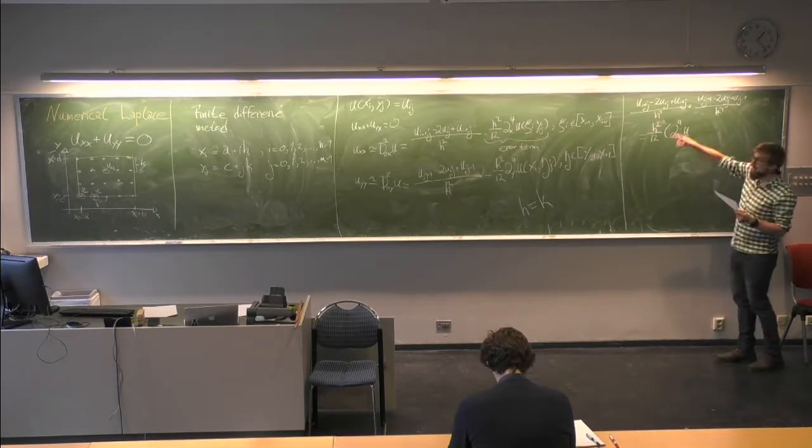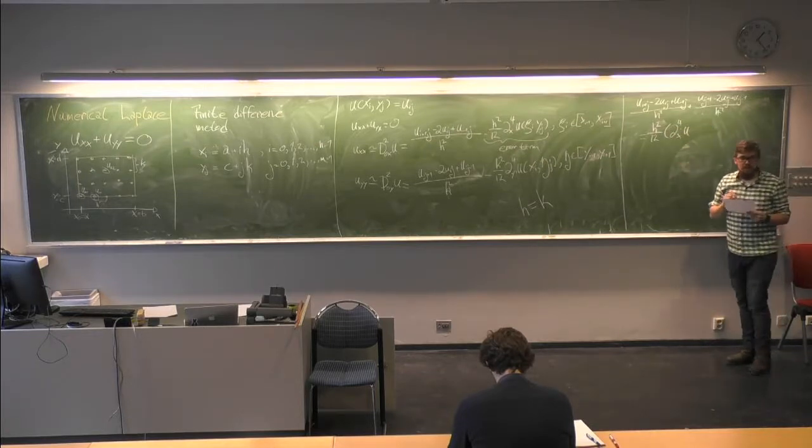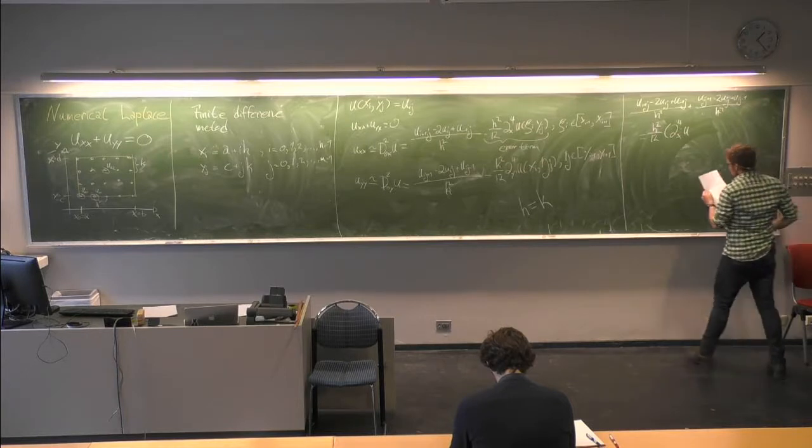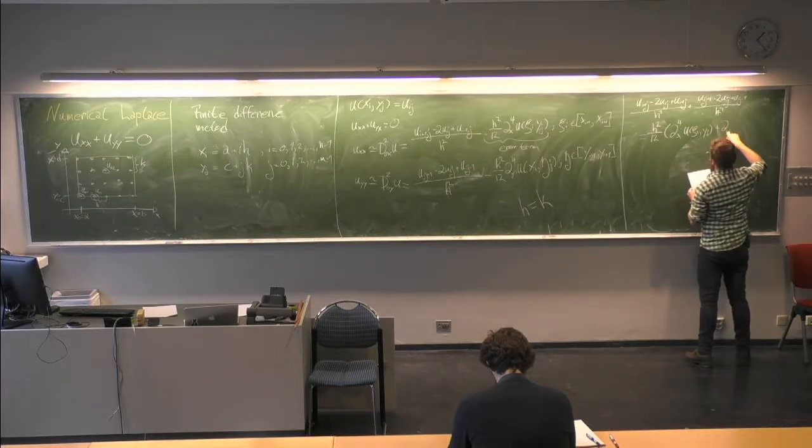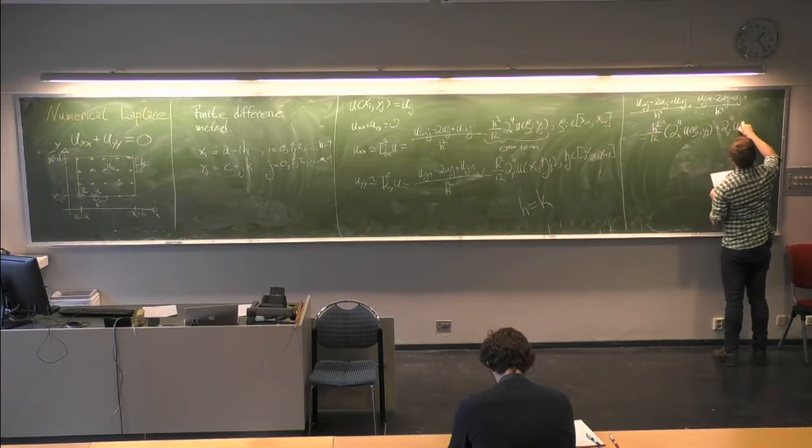I forgot it over here, it's there, so it should be h squared. Thank you. It's d^4u/dx^4 at xi, yj plus d^4u/dy^4 at xi, eta_j.